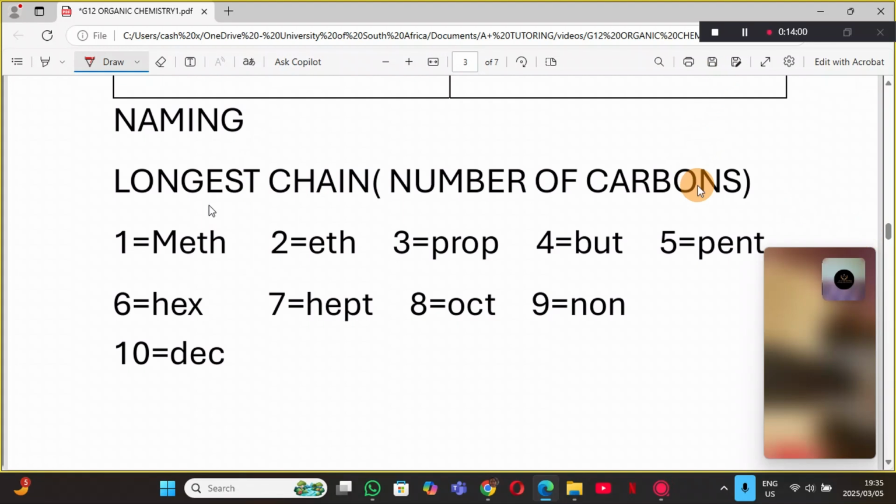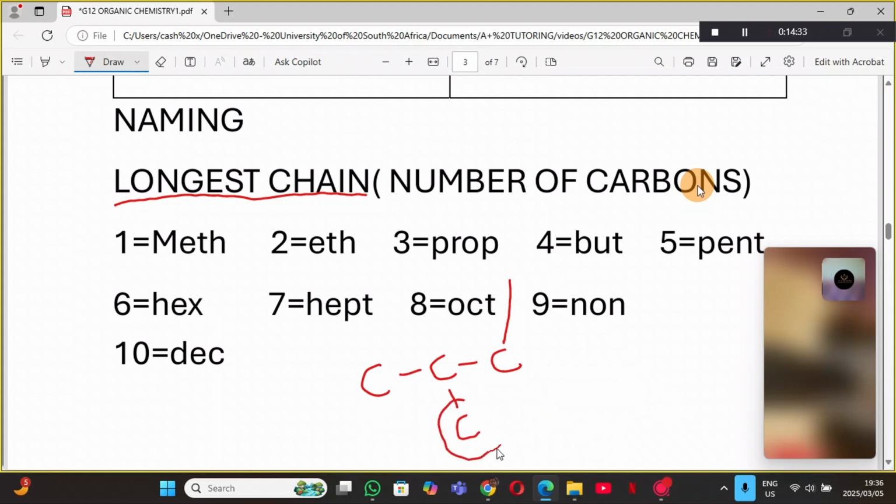Naming them, the first thing we need to look at is our longest chain, right? Normally your longest chain just ends at 8, but I just went as far as 9 and 10 in case maybe they are to be included, right? Okay, so if it's 1 carbon, it's a meth. This one normally works when we are doing the branch, where you now have your C maybe, and then you have your branch, right?